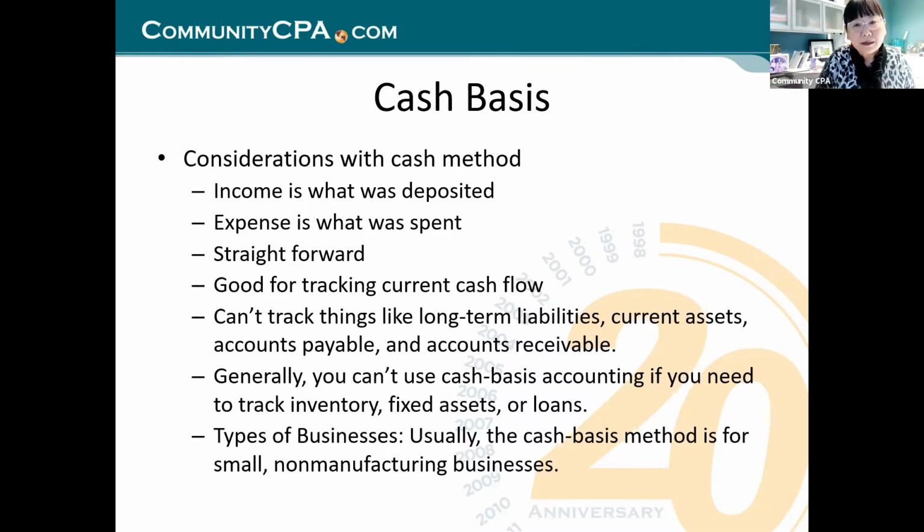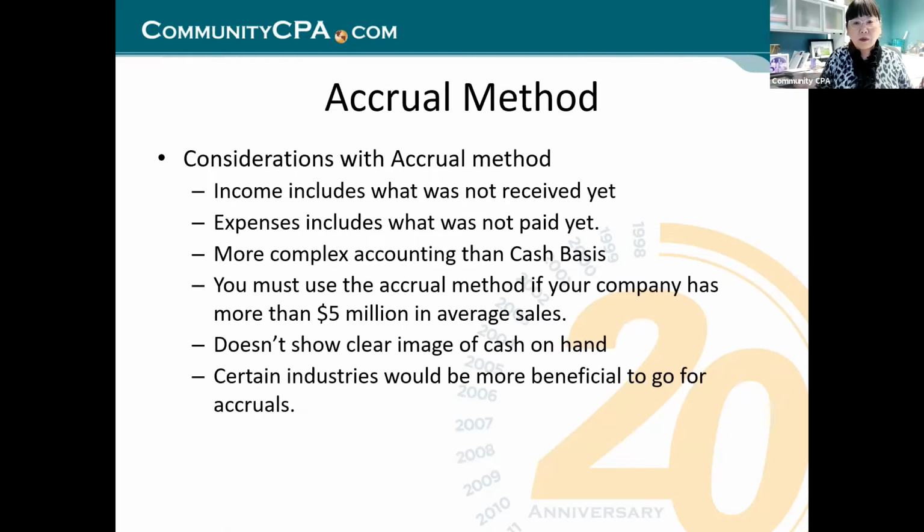You can't, because you didn't pay for it, because it didn't go out of your account. That's cash method. To make it simple, cash method is almost like your bank account. If you receive it, it's your income. If you pay it out, it's your expense. If you wrote a check and it didn't clear, sorry, too bad. Very sad, you cannot deduct.